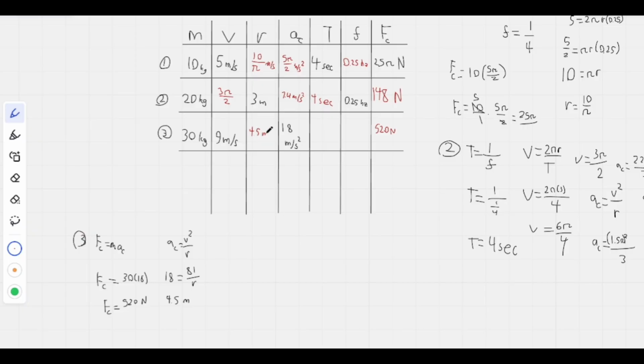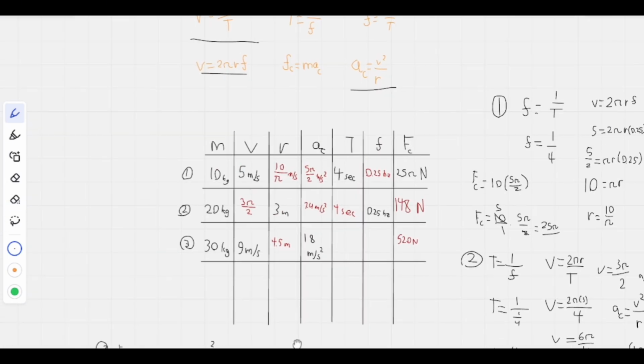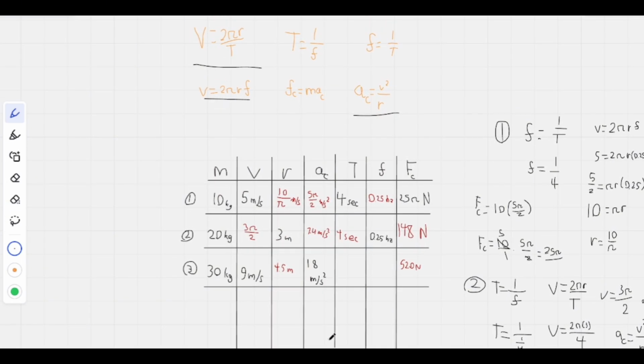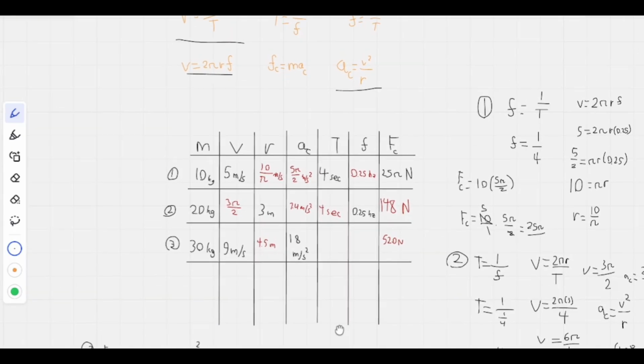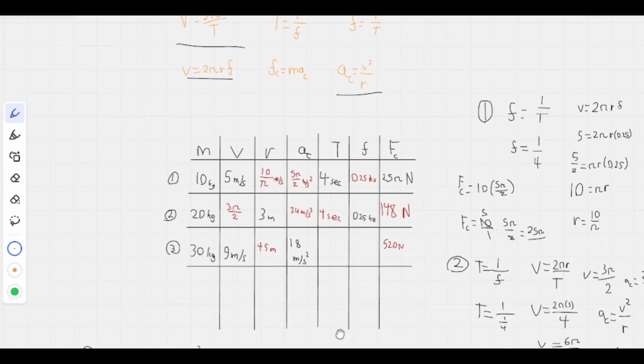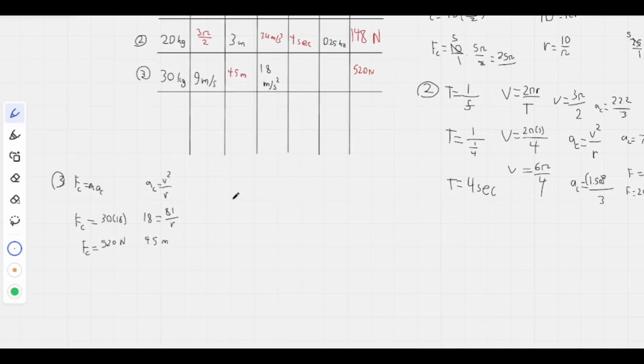So our radius is 4.5 meters. Now, the next thing we can do is we need to find our time and our frequency. And to do that, we can use this formula up here. Either one works. We'll find our frequency first. So V equals 2 pi RF.